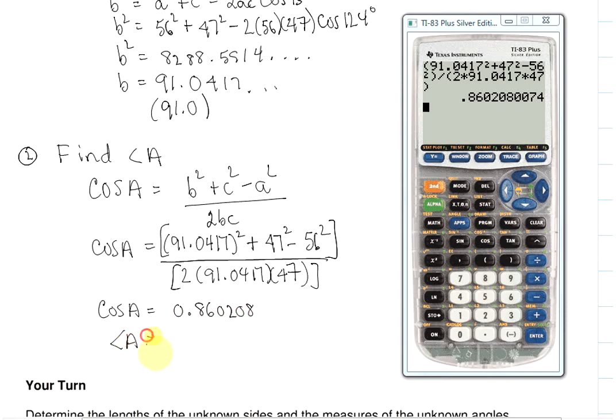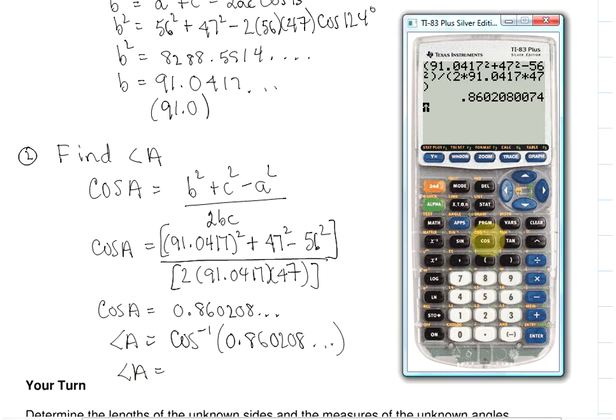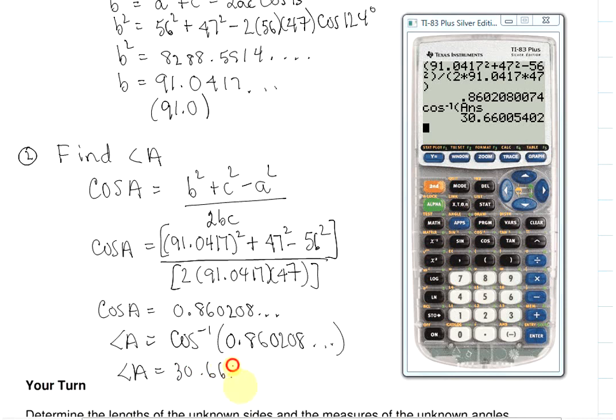And so angle A is equal to the inverse cos of 0.860208. Let's work that out. We're going to go second cos, second answer, and I get 30.66005 dot dot dot, which we're later going to round off.